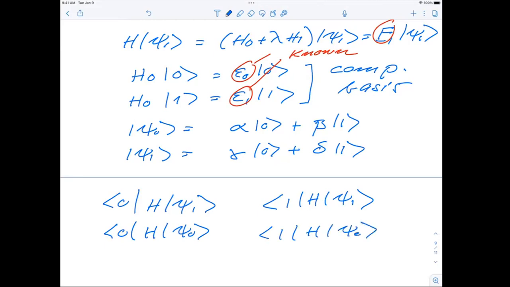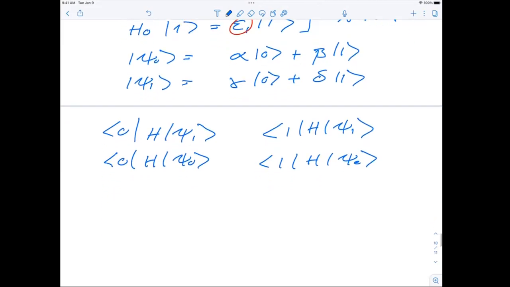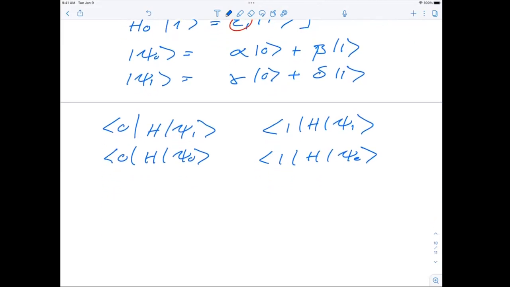Then I can set up a matrix where the unknown coefficients are alpha, beta, gamma, and delta. So what I could say now is that the general solution, or general vector psi, is given by this transformation C acting on these vectors, 0 and 1.